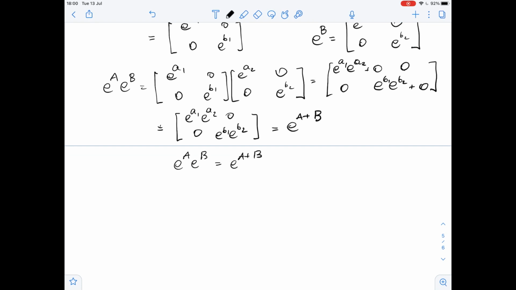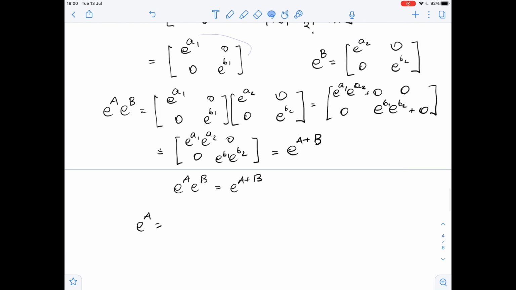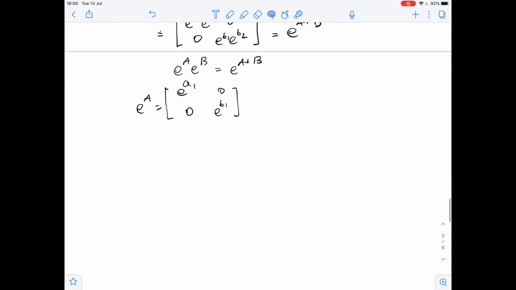Since e to the power of A is this matrix, in order to find its inverse, e to the power of A inversed equals 1 over e to the power of A1 times e to the power of B1, multiplied by e to the power of B1, 0, 0, e to the power of A1.